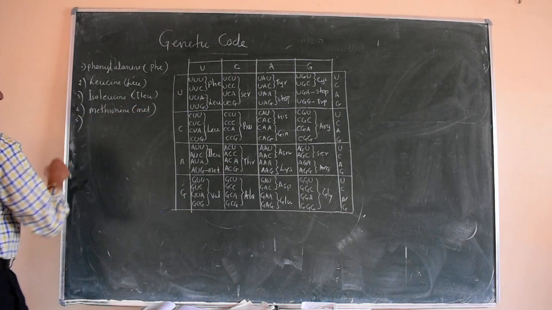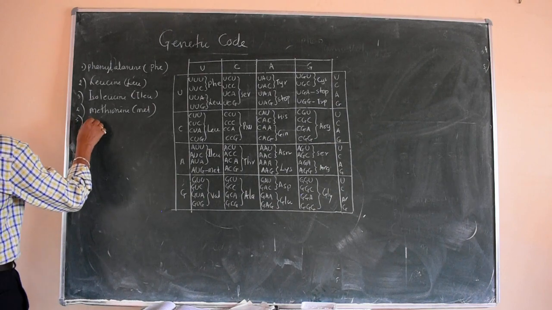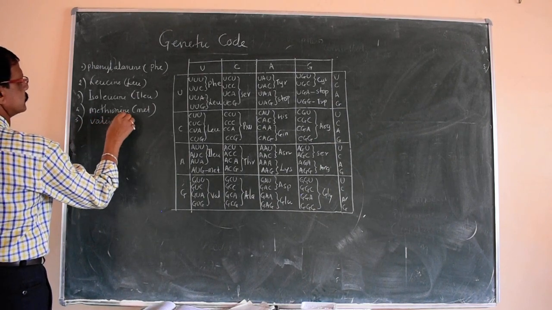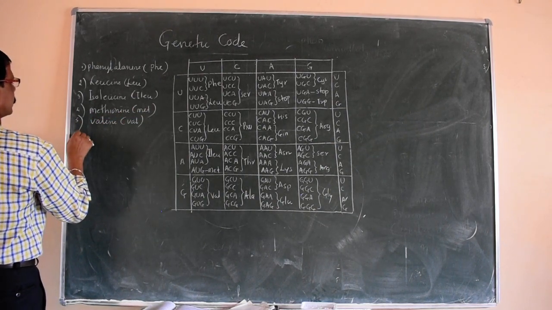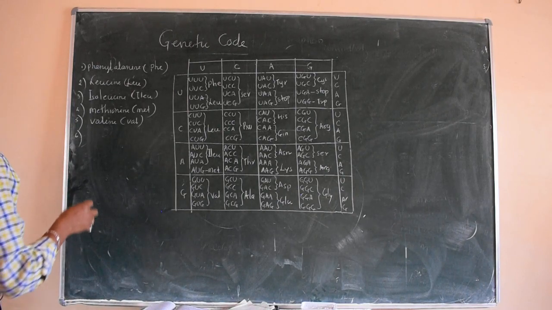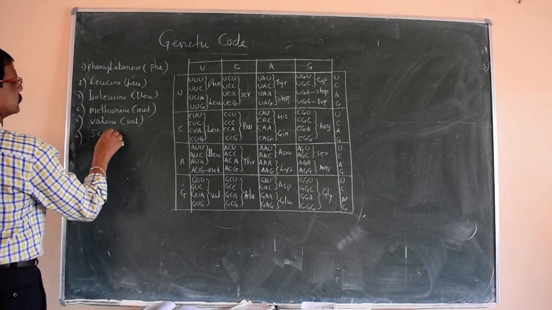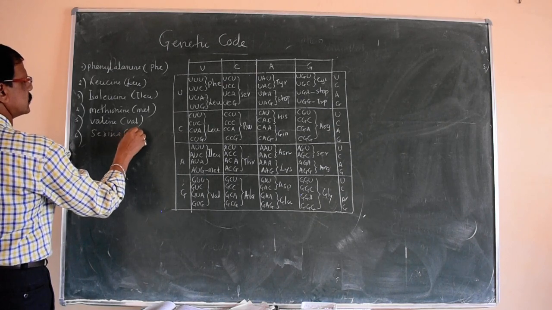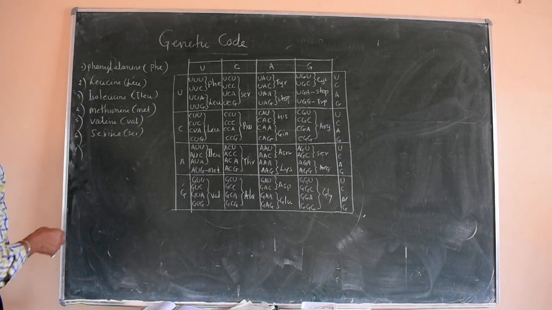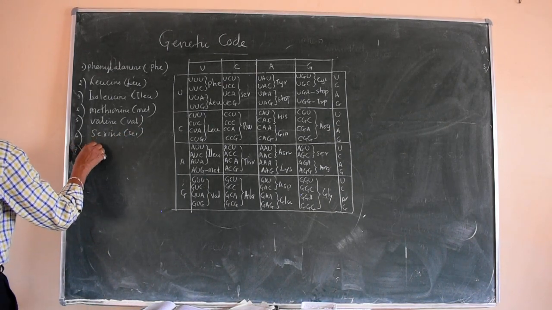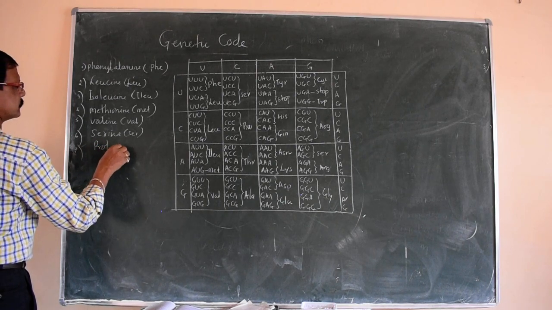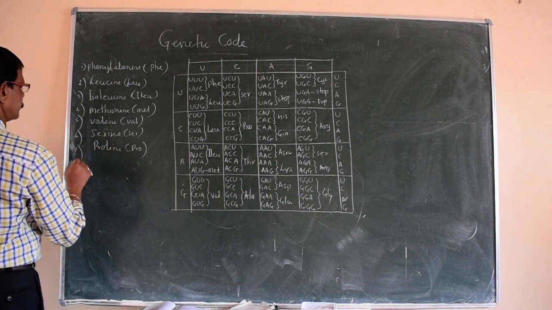The fifth is valine, VAL. The sixth is serine, SER. The seventh is proline, PRO.